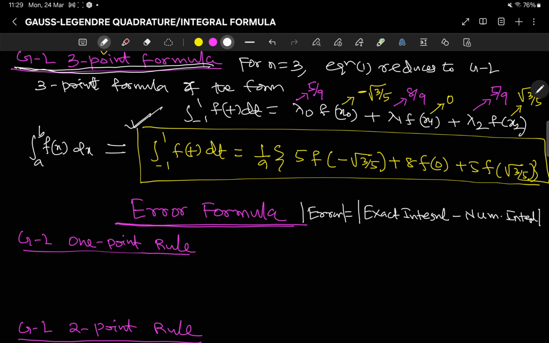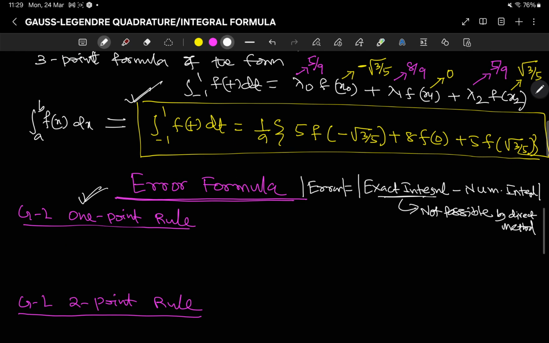This is my absolute error. Now if this exact integral is not possible to evaluate by direct method, then we have to use this error formula.